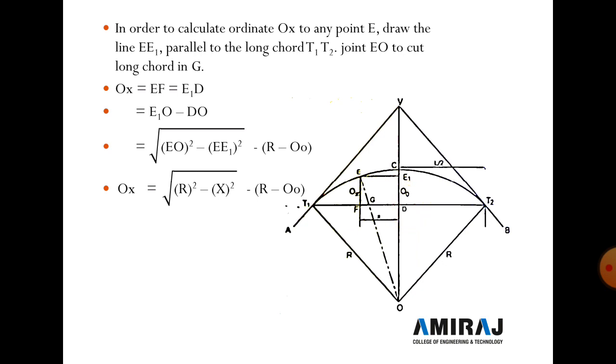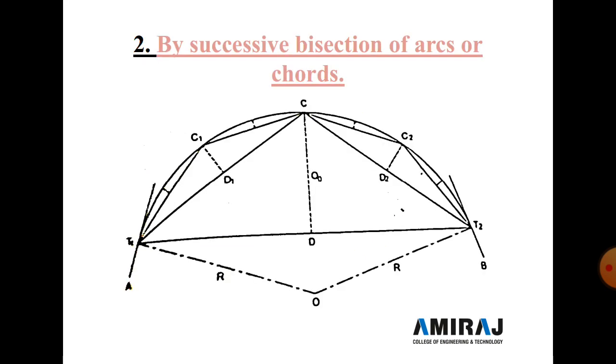OE is the radius of the curvature, E1 is the distance X, already known, and R minus OO is known. So we find the OX value from this equation: OX is equal to the square root of R square minus X square, minus (R minus OO).